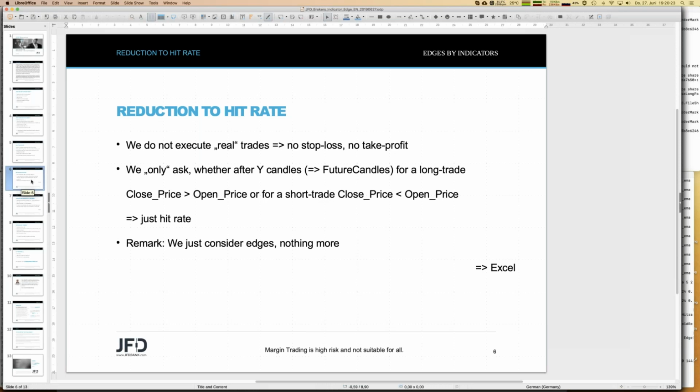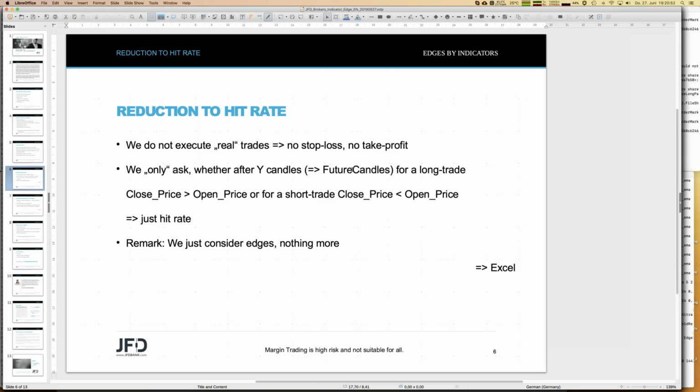And now we ask, after 4 candles, that will later be the future candles, is the price above our open or below? That's all. We just ask positive or negative. So would a long trade in principle, beside any costs, be positive in that kind of situation? Yes or no? That's all.